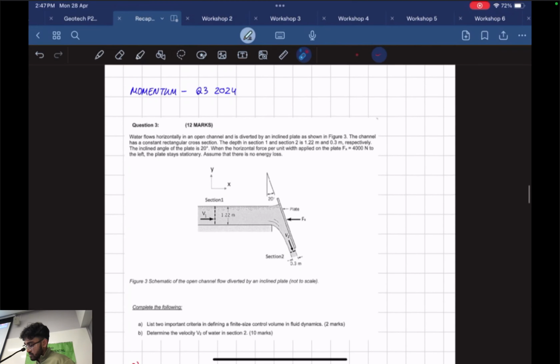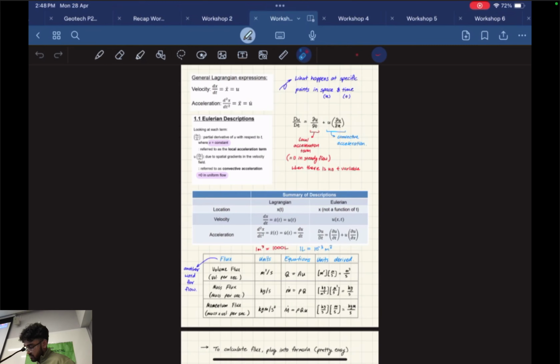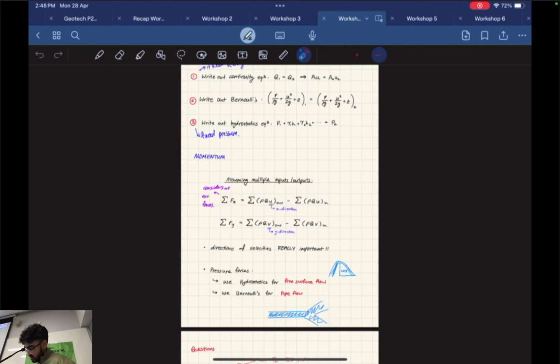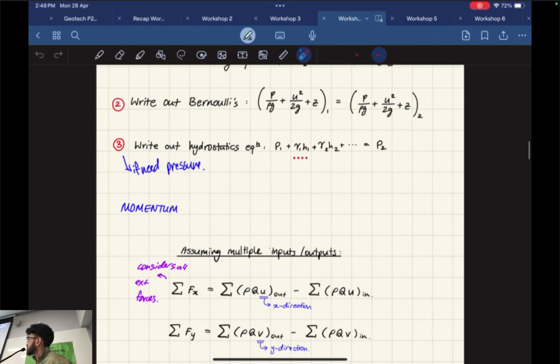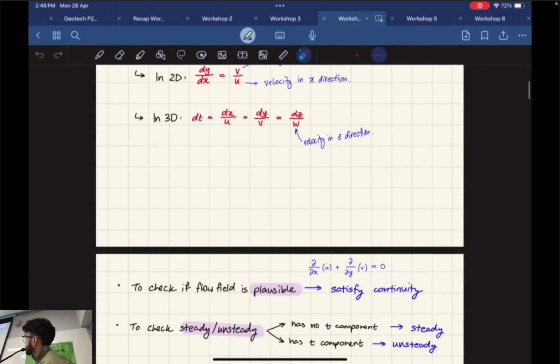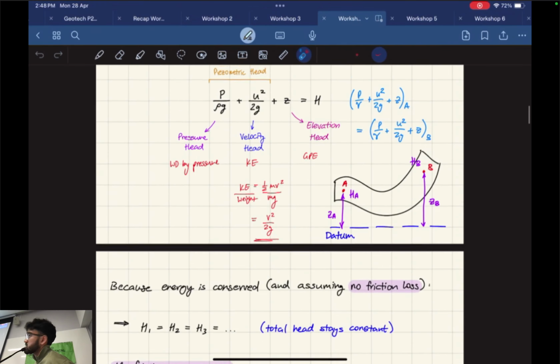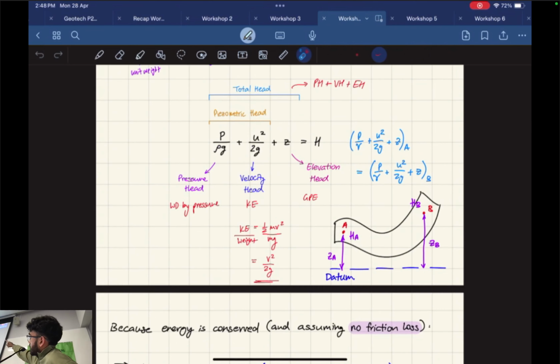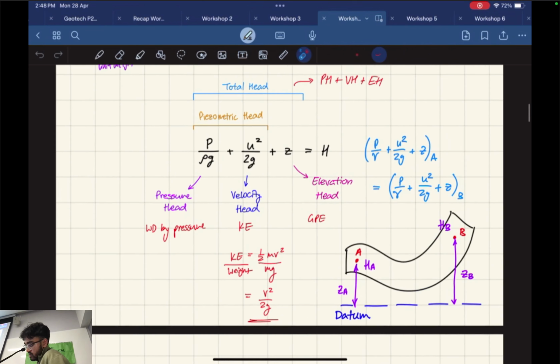Alright, momentum. Let's take a look at momentum. I'll also go through a bit of energy, why not? So this is our Bernoulli's equation, right? Total head. Just plug in all your values to the Bernoulli's equation. We've got something called pressure head, velocity head, and elevation head.